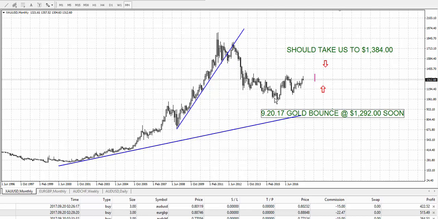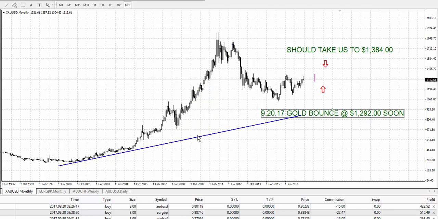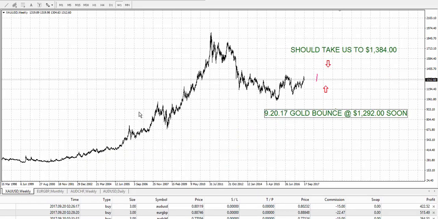This pullback is what we want, because it allows us to buy stuff cheaper. Now there's one more tool and one more way of drawing the trend lines that will help you confirm your overall bias. If I'm thinking that we're overall going up again and we'll make new highs, how do we know exactly when it's time to buy?